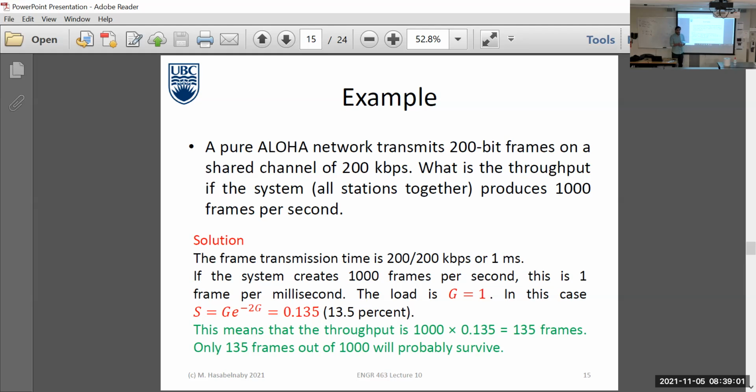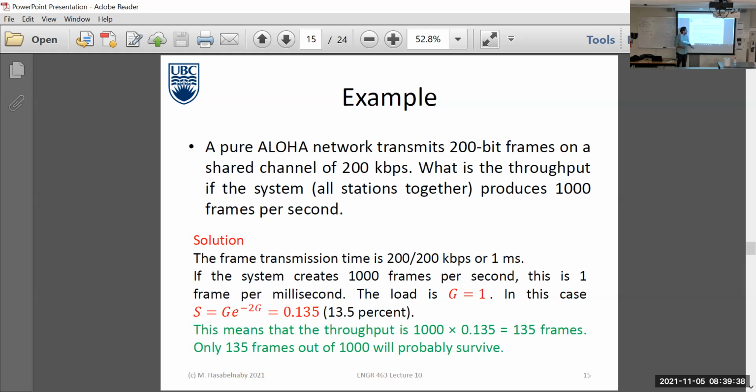At every millisecond, we generate 1 frame and we are able to transmit 1 frame. So the load here is 1. It is very direct. You are interested to find the value of G. When you find the value of G, you can calculate the throughput.